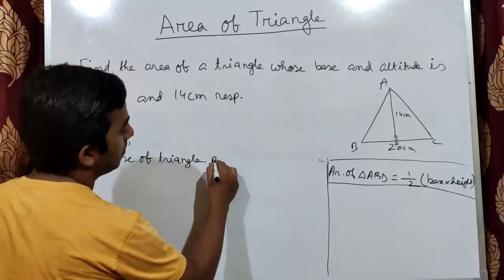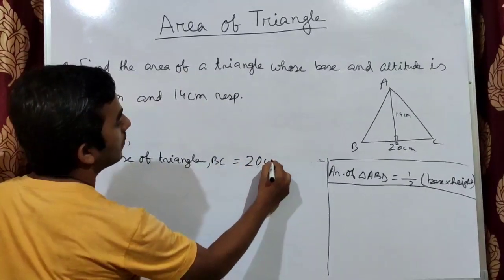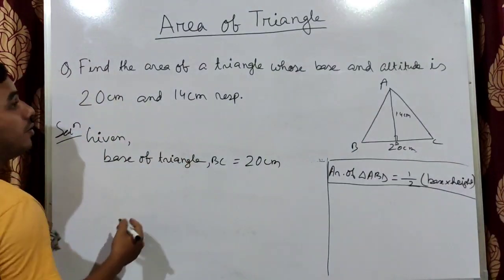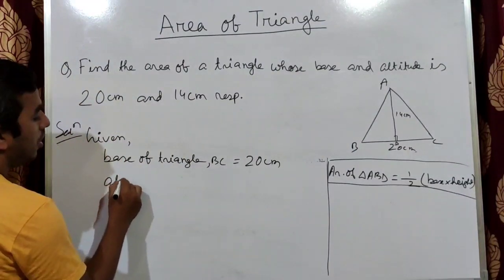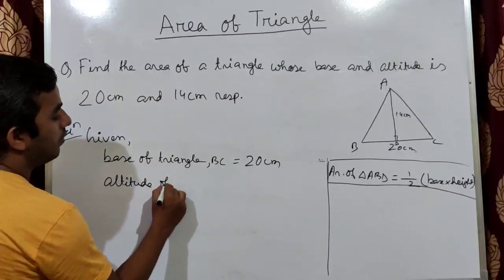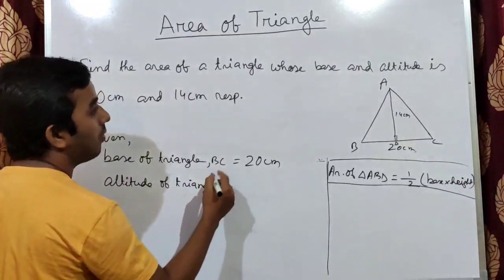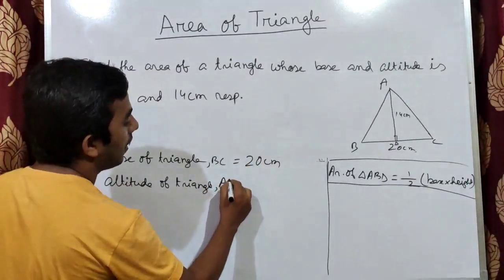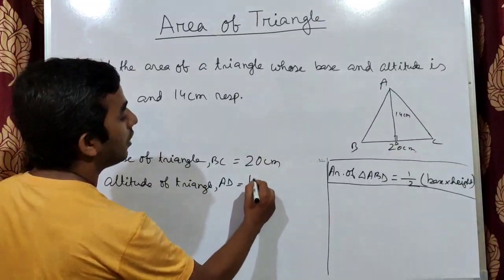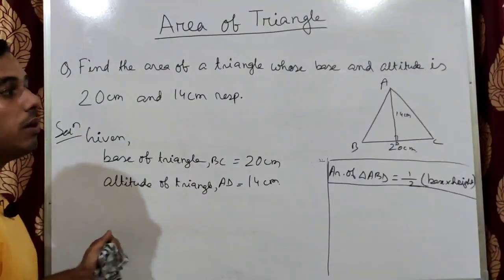The base is BC, right? It is 20 centimeter. Then height or altitude of triangle, comma, altitude is AD equals 14 centimeter.